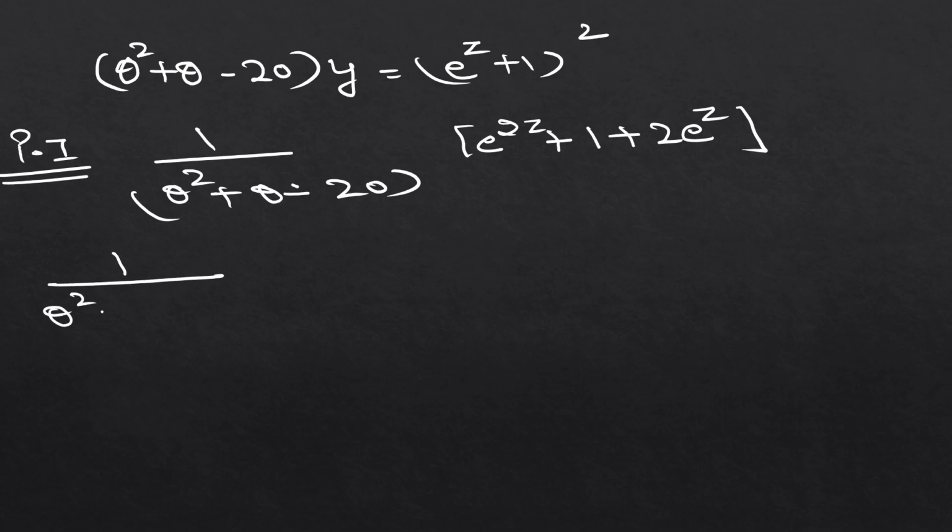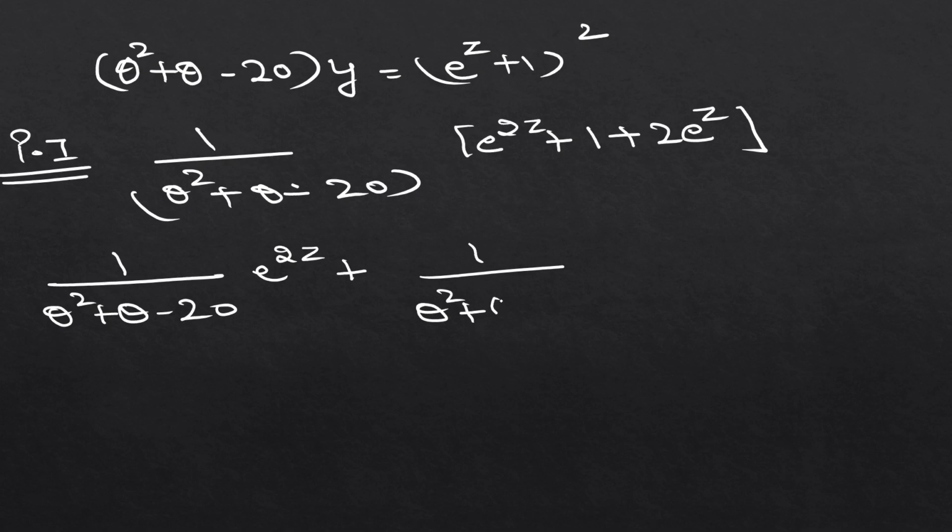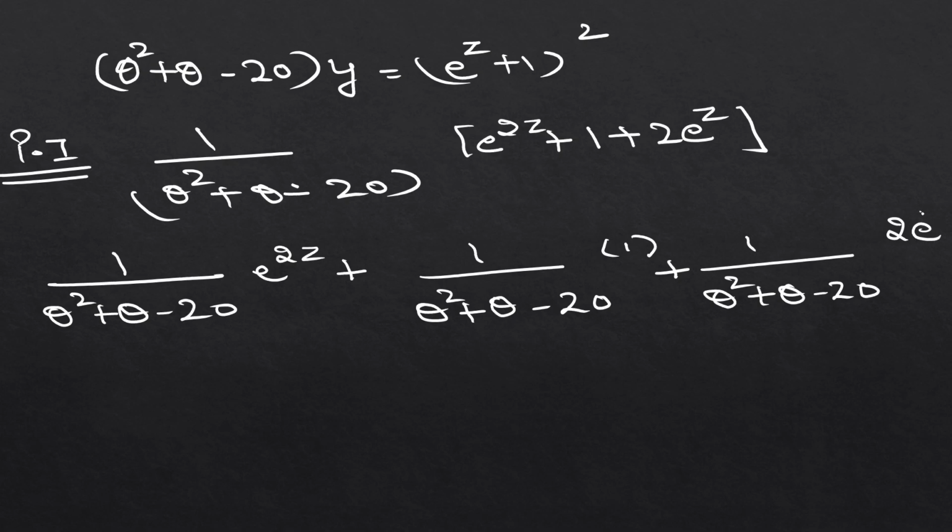1 by theta square plus theta minus 20 over e raised to power 2z, plus 1 by theta square plus theta minus 20 over 1, plus 1 by theta square plus theta minus 20 over 2 into e raised to power z.